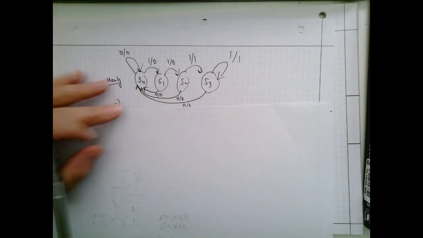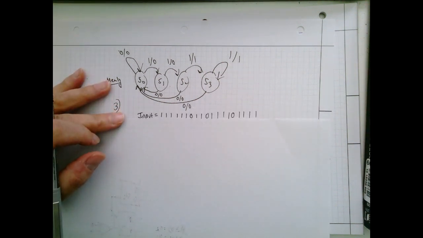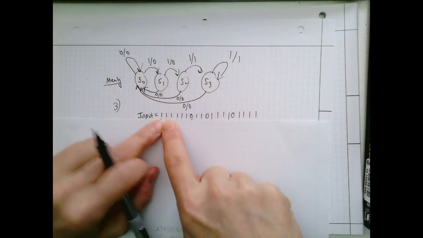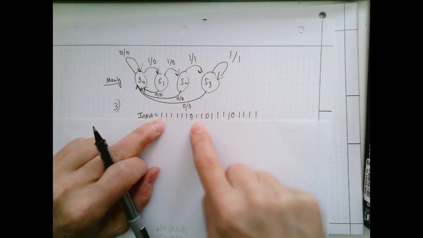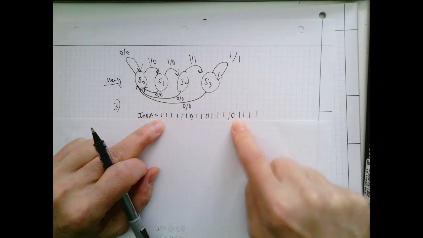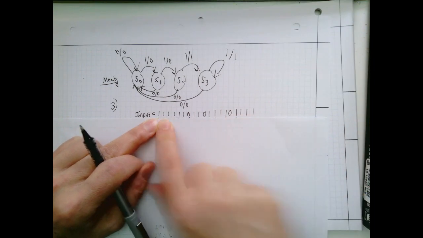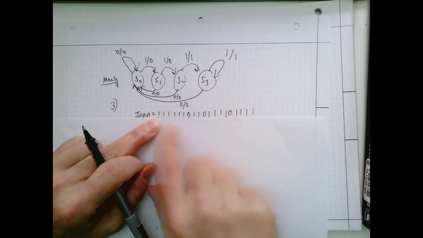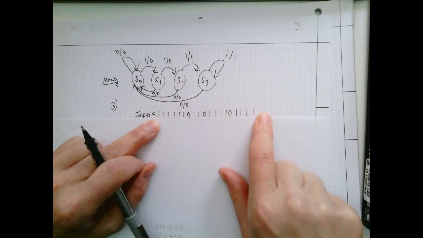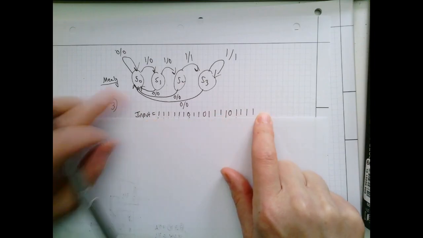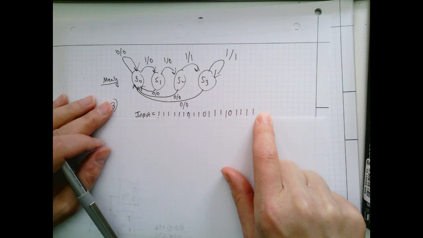If the input looks like 1 1 0 1 1 0 0 1 1 1 1 1 0 0 1, it goes in and stuff comes out. So the question is, how do I analyze this?